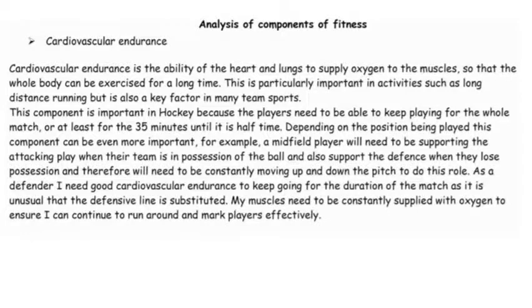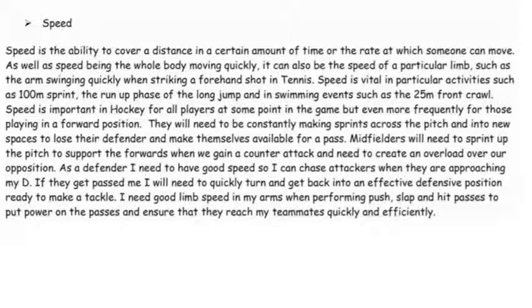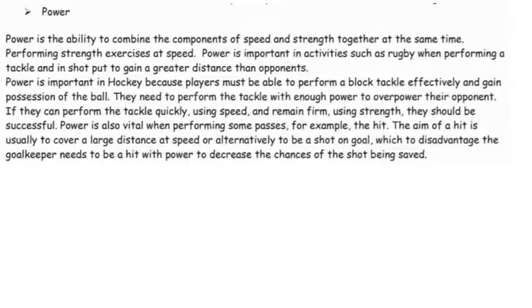Now, as you go through, they've done one for muscle endurance and done exactly the same. You can see how much they wrote for this and the level of detail they needed in order to get those top marks. We then have one for speed. Once again, level of detail, how is it important for their sport? Strength, exactly the same. We then have power.